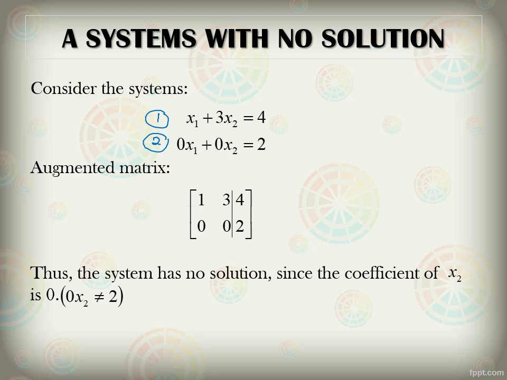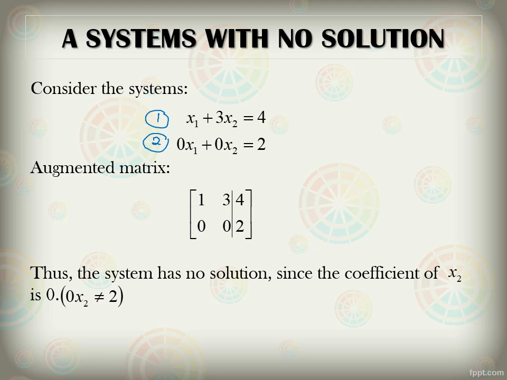Alright, so it is impossible for this kind of equation, where the unknowns are 0, to suddenly equal to some number. So this is a system that we call has no solution.